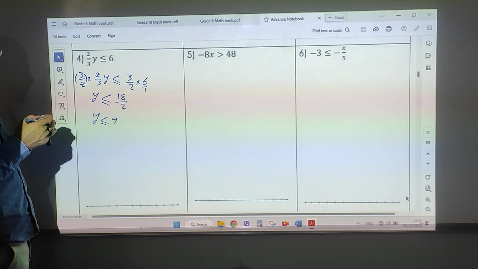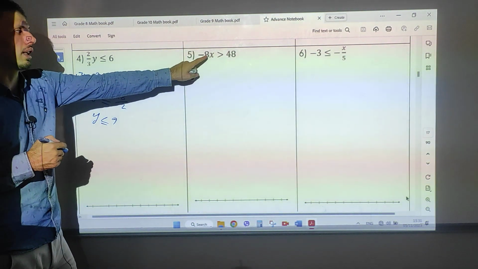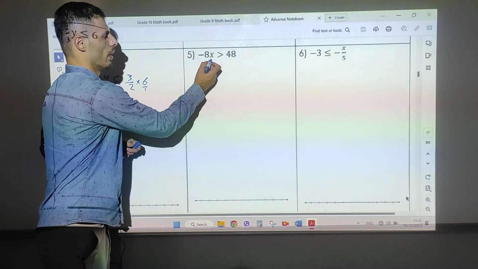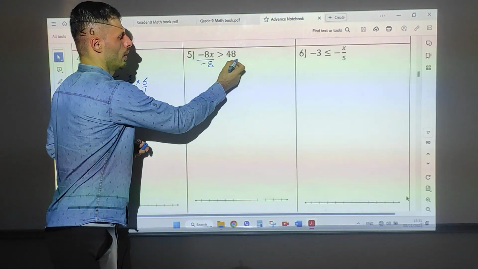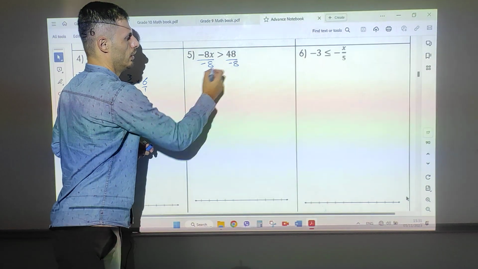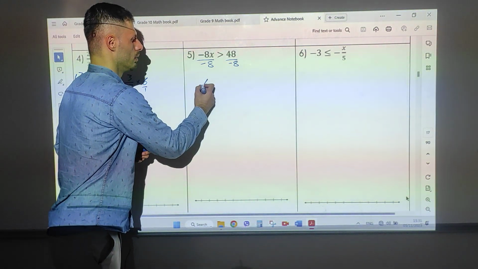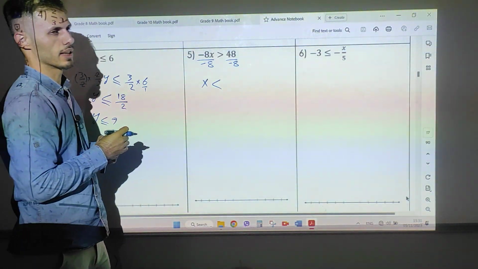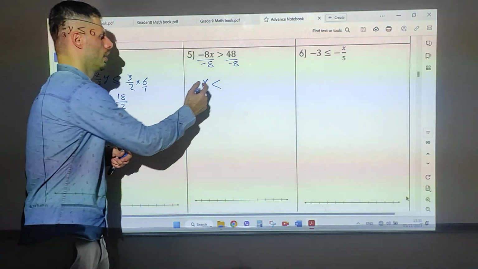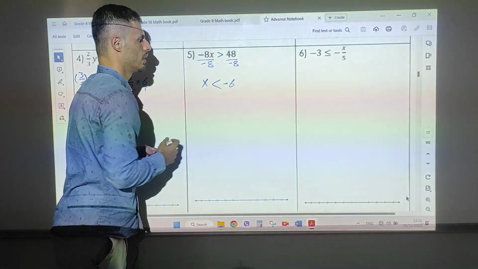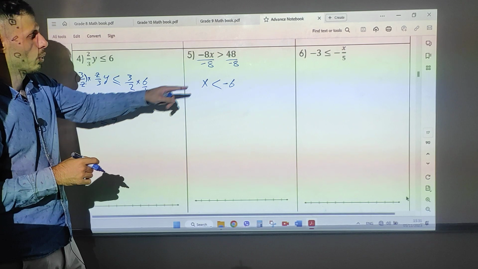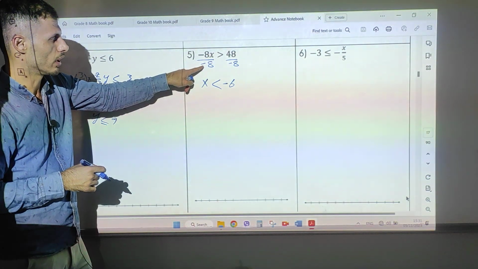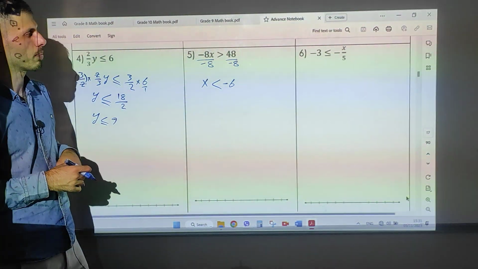This is done for the first one. For the second, we have a negative number with the x. We divide by that number, whatever we have. So x is less than -6. We change the sign because we divided by a negative number.